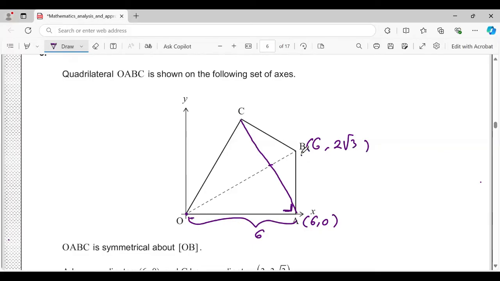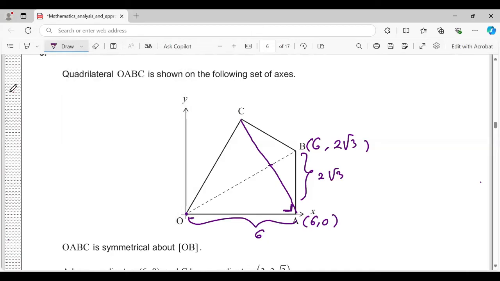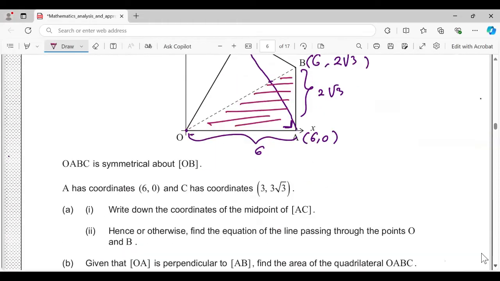Now, we will find the area of this right angle triangle. After that, times 2.